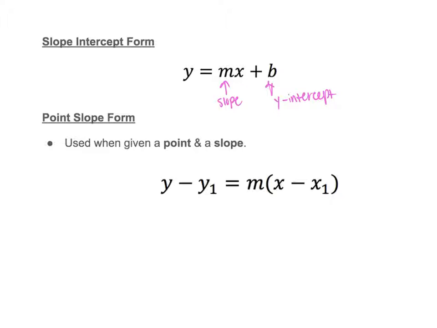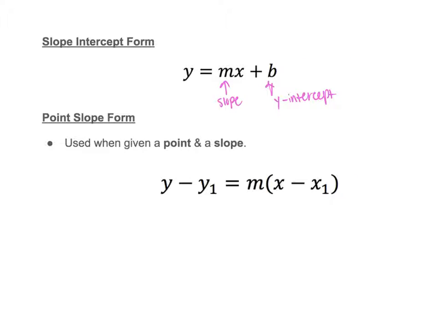And then let's talk about point-slope form. Point-slope form is used when given a point and a slope. So when you're given a point and a slope, you can use this formula to get back to the linear function.